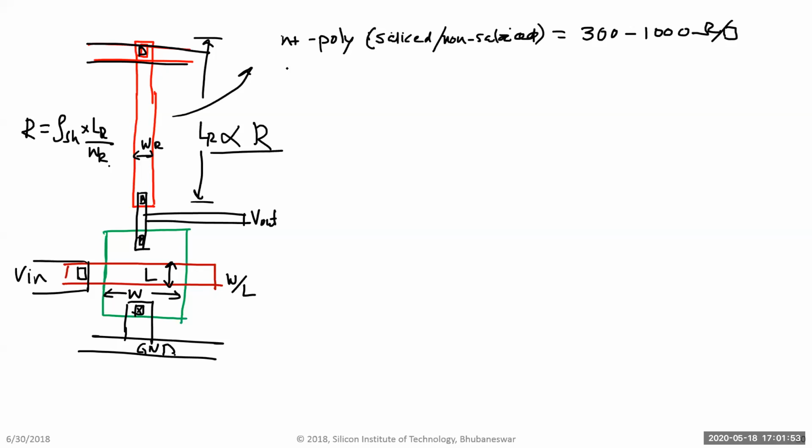Then there are N-well or diffusion resistors, ND or N-well, and these can be as low as 10 to 50 ohms or even as high as 1K ohms. The N-wells are around 1K ohms per square.